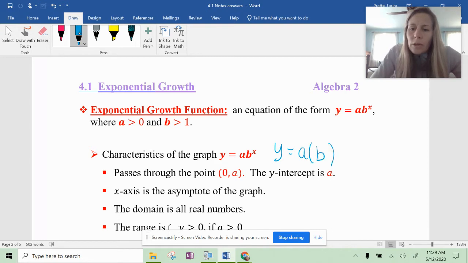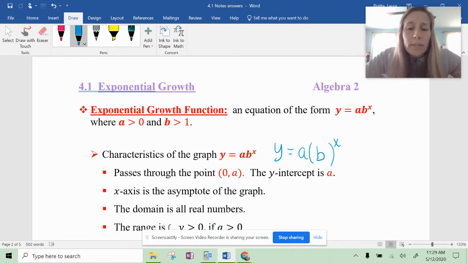This b value, I like to put it in parentheses so that I remember that I'm only raising that number to the exponent, and then that will get multiplied to that initial amount. It's a very common mistake for people to multiply the a and the b together and then raise it to a power, which would not be following the order of operations, but it is a common mistake when the parentheses are not there, so I like to put the parentheses there.